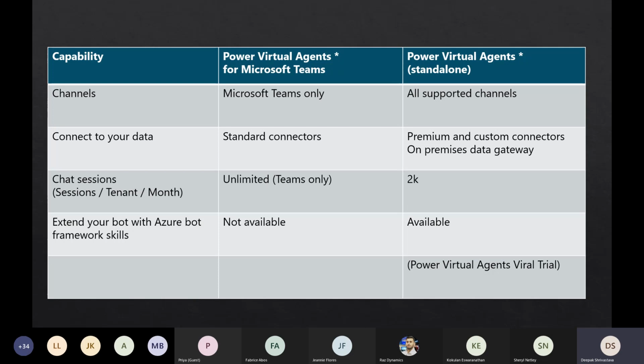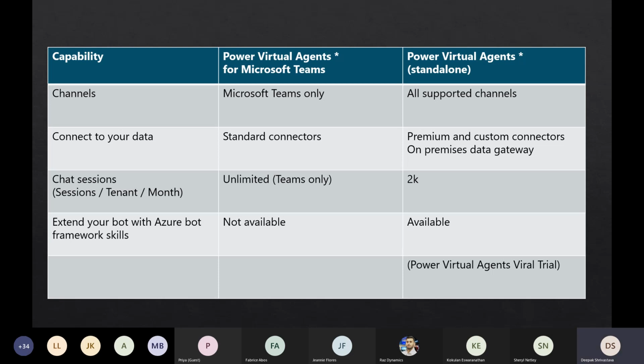Channels is nothing but where you can deploy your bot. If you are using Microsoft Teams, then you can deploy your bot only in Microsoft Teams because that's the scope. But if you are using standalone, then there are a lot of supported channels. You can deploy to Teams, and you can also deploy to other channels like a custom website and others. I will show you what channels are available under standalone.